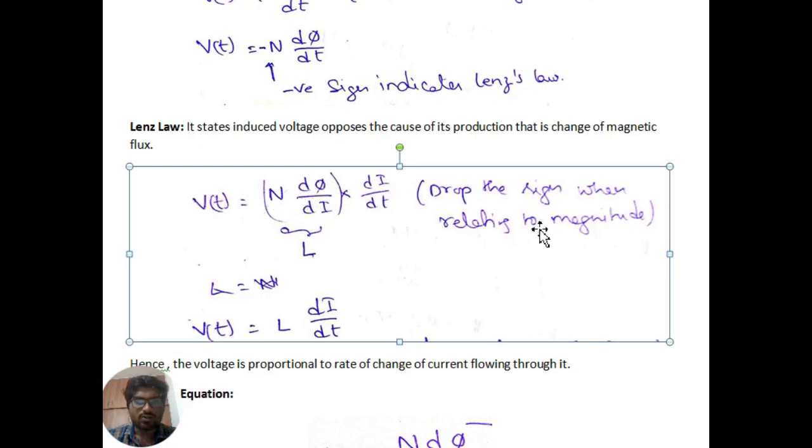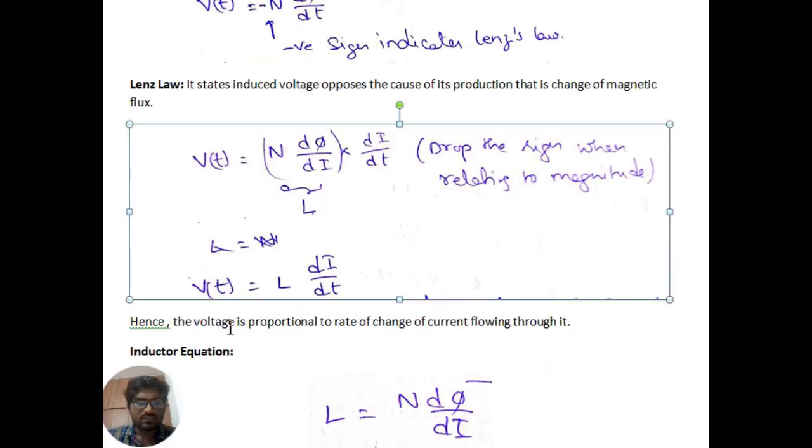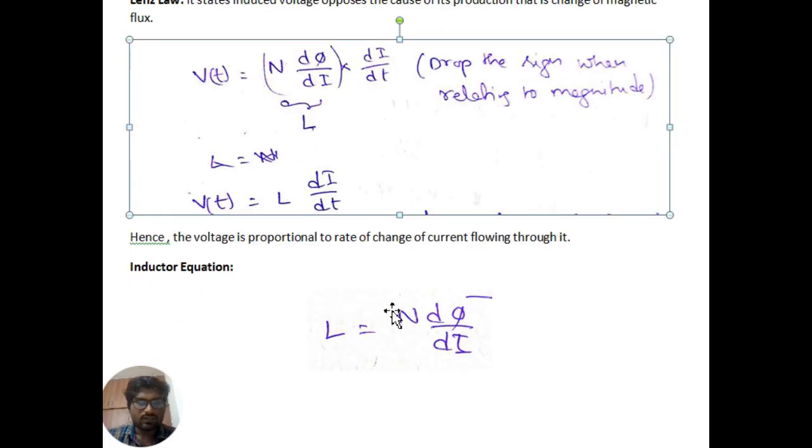The negative sign is dropped as we are focusing on the magnitude part. Now the equation can be written as V is equal to L di by dt. From this equation, it is clear that voltage is proportional to the rate of change of current flowing through it. So from this, we can take L is equal to N d phi by di.